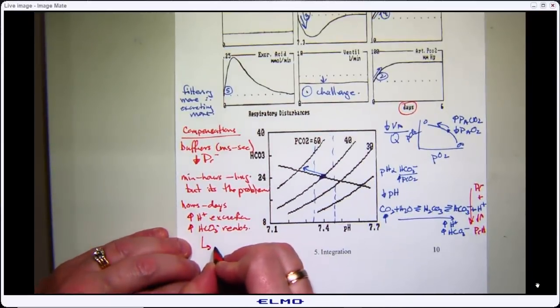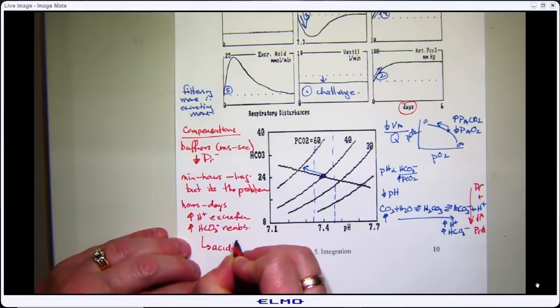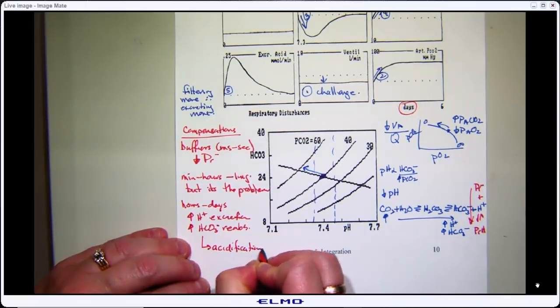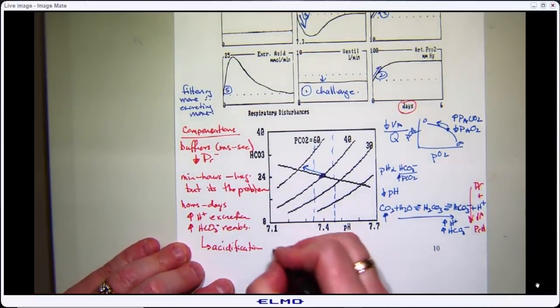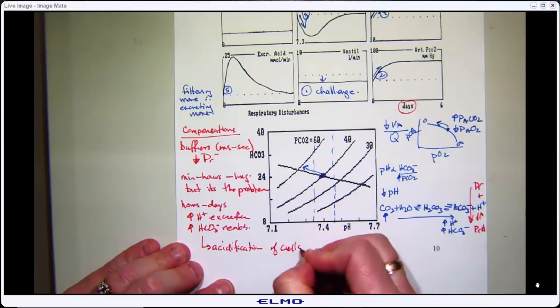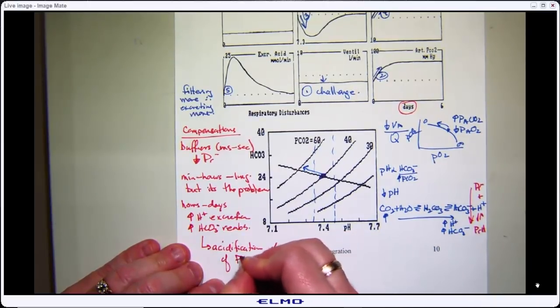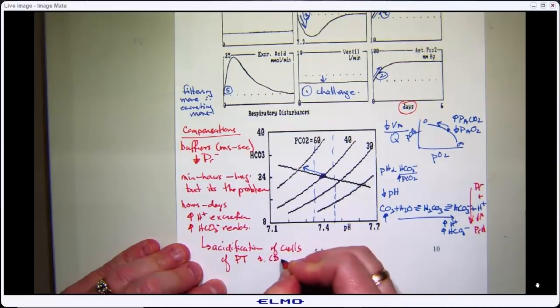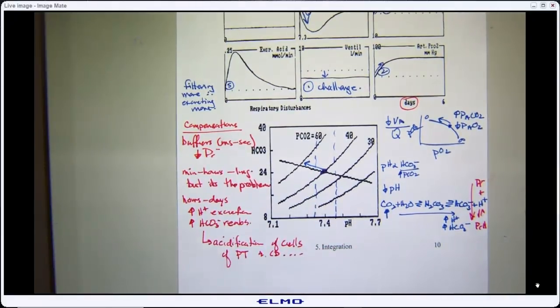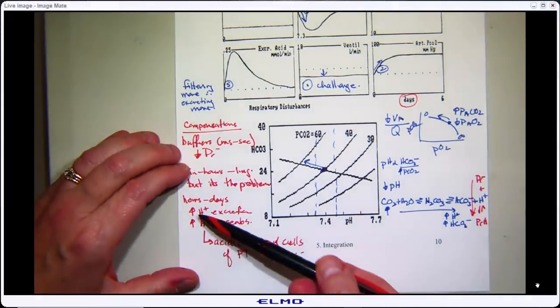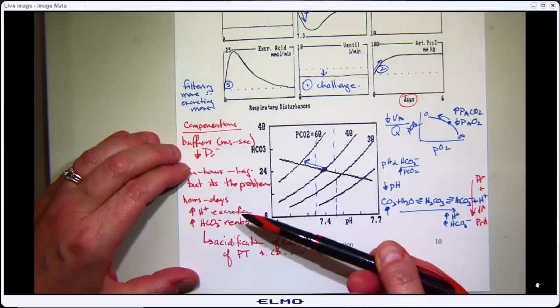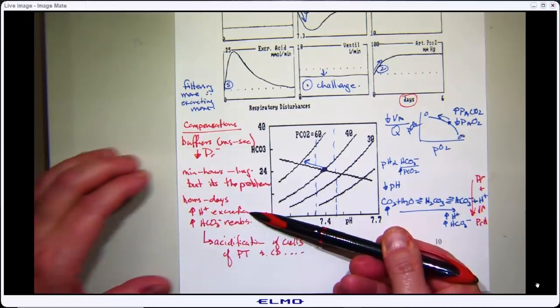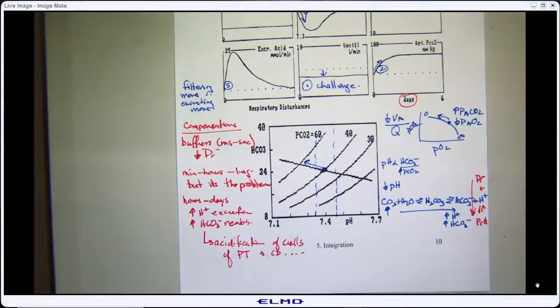So it is that acidification of cells of the proximal tubule and the collecting duct, and then fill in the rest of that answer, which was you are going to increase the number of transporters on certain cells on the luminal side for hydrogen ion and the interstitial space side for bicarb, okay?